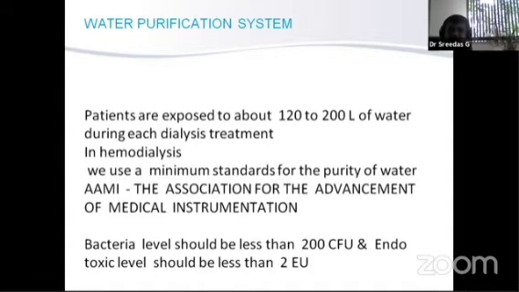So there is a minimum standard of purity for water. That's the AAMI, the Association for the Advancement of Medical Instrumentation, that gives the chemical standards, and the bacterial standards are important. We measure them as colony forming units and the endotoxin levels.